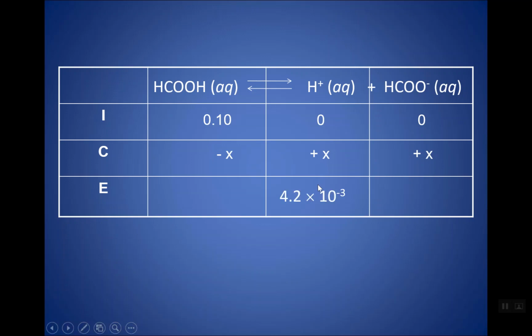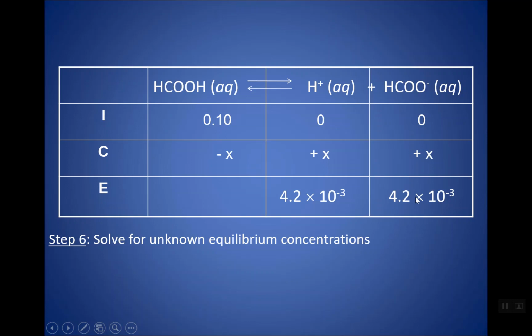Now I can put in what I have at equilibrium, and oh great, we celebrate, we have a filled out column. 0 plus x equals 4.2 times 10 to the negative third. So I can see that x is 4.2 times 10 to the negative third, which means 0 plus x is the same. And 0.1 minus x.